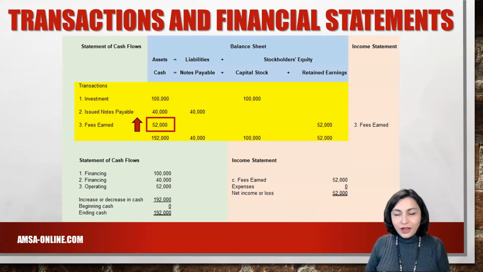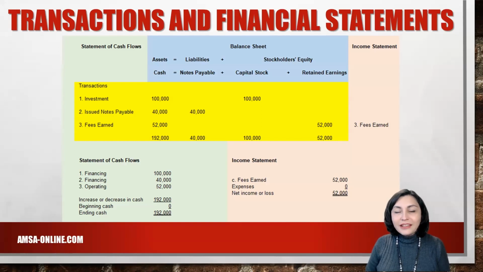Under the Balance Sheet column, cash will increase by $52,000. An increase in revenue will increase retained earnings by $52,000. Note that revenue is a part of retained earnings, which is, in turn, a part of stockholders' equity.